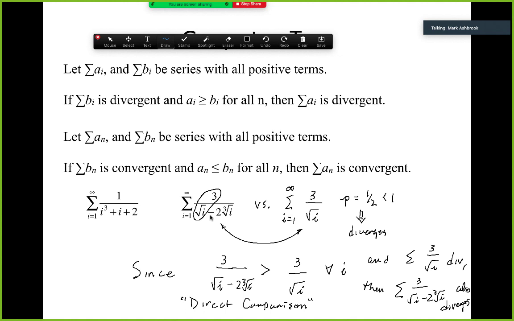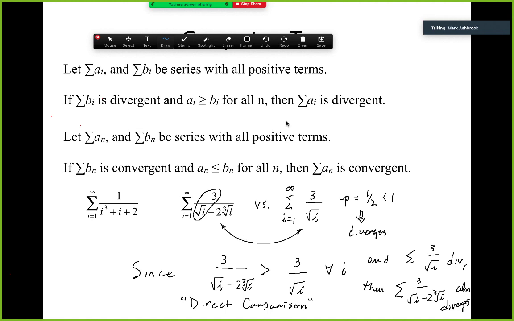And then we know that subtracting from the denominator makes all terms larger than that. Does that answer it? So we're usually looking for some p-series or geometric series that's really close to the one we're given.